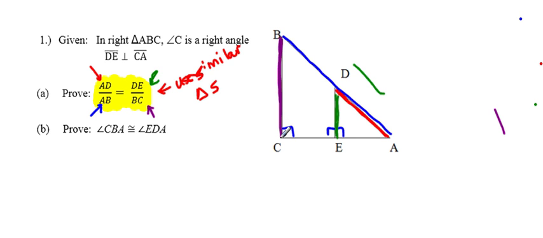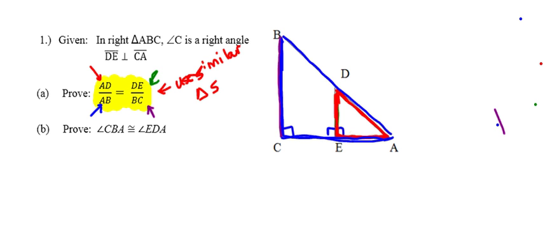So hopefully from what we've outlined here, it's becoming pretty clear that the two triangles that we want to prove similar to each other are the small red guy, triangle DEA, and that large blue one, triangle BCA.